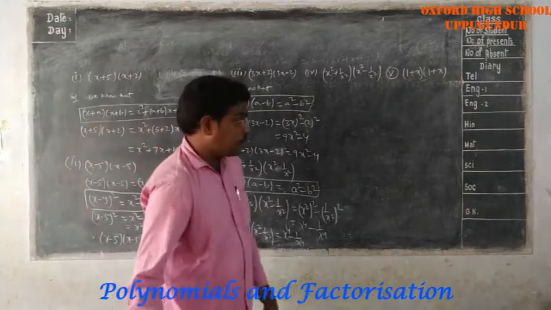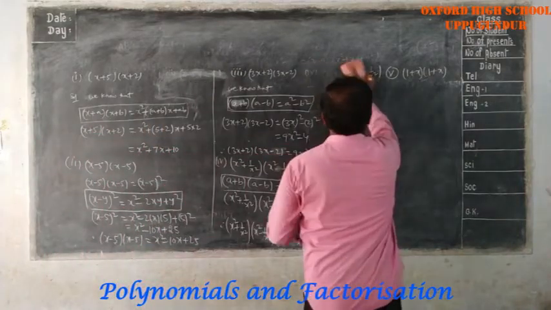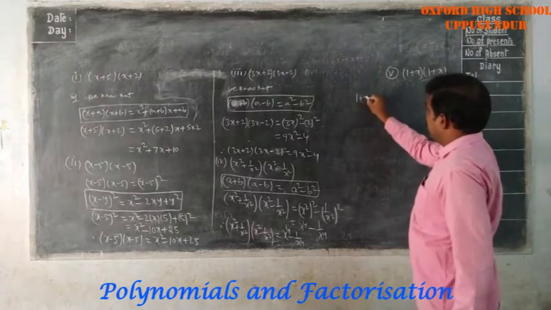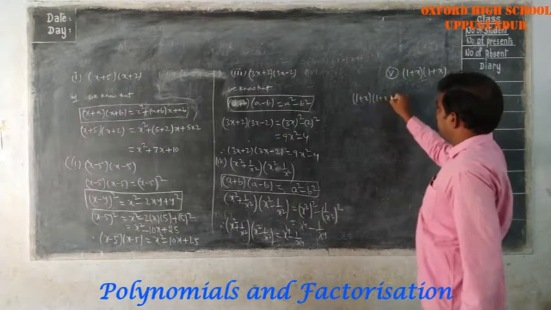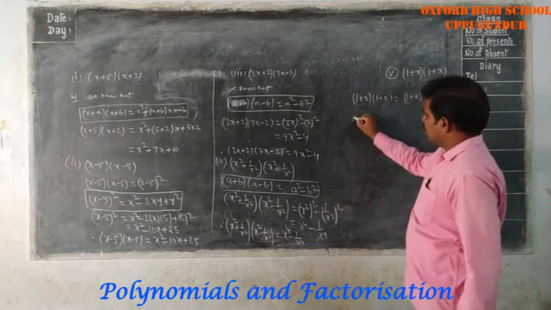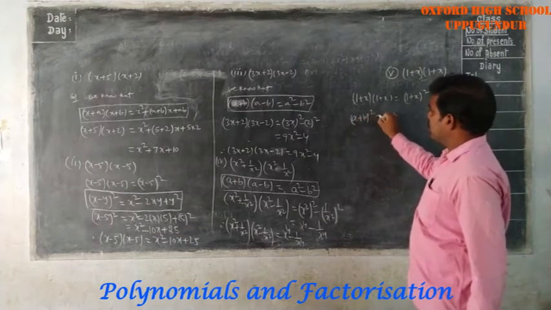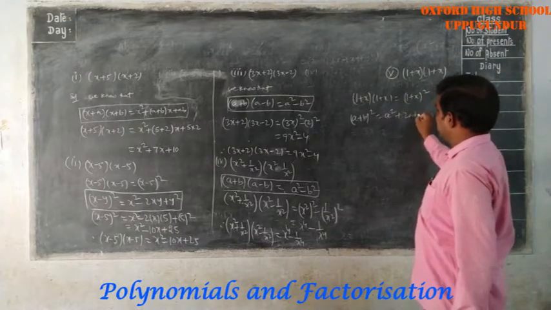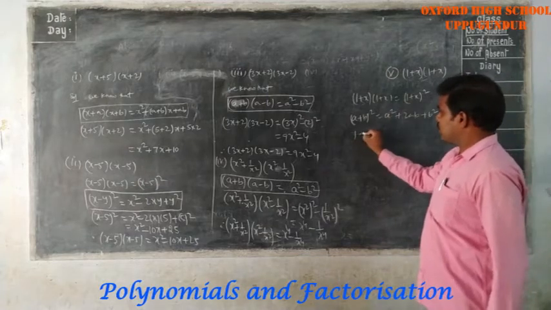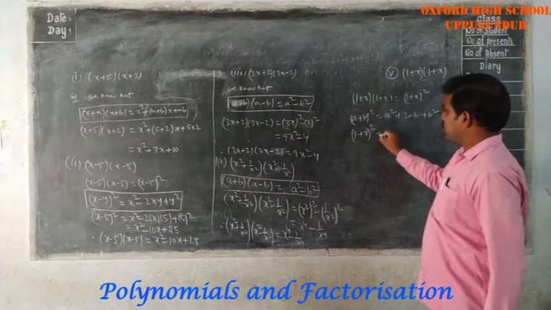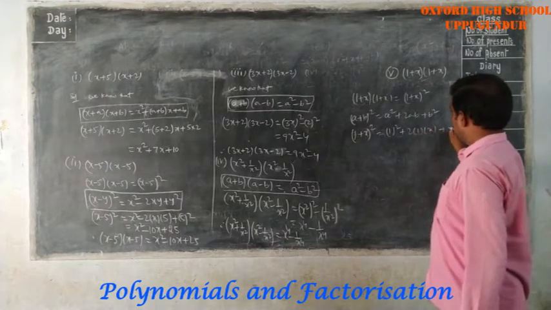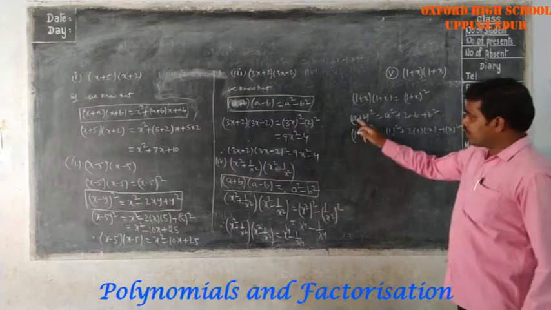Next, fifth problem. (1 plus x) of (1 plus x). You can write this as (1 plus x) whole square. Now, the (a plus b) whole square formula equals a square plus 2ab plus b square. In the same way, (1 plus x) whole square equals 1 square plus 2 of 1 of x plus x square. In place of a, substitute 1.